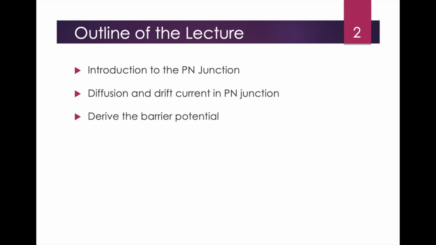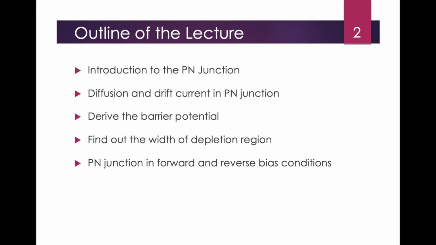And we will derive the expression of the barrier potential, which is a very important parameter in a p-n junction or in a diode. And then we will find out the width of the depletion region of the p-n junction. And finally, we will see the p-n junction in forward and reverse bias conditions, which is the basis of the diode.